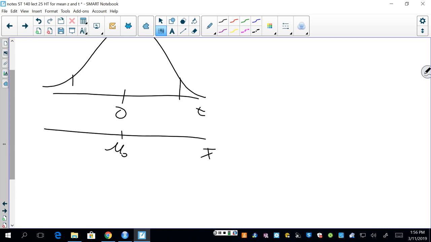And then alpha, we're going to have kind of 1 minus alpha as the area in here, like 0.95, if alpha is 0.05. And the areas where we reject is these extra areas out here. So this area is actually alpha over 2, and this one's alpha over 2. So at a 5% significance level means we make the wrong decision 5% of the time when the null hypothesis is true. You don't want to throw out the status quo, standard, no change, when that really is the case. And we don't want to make that mistake more than 5%, so we set that standard.